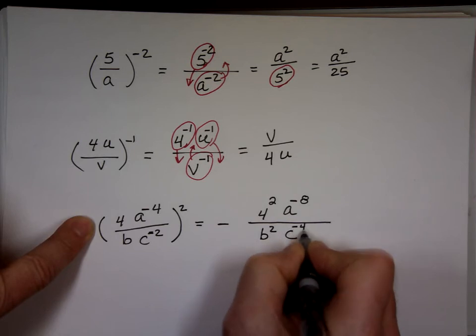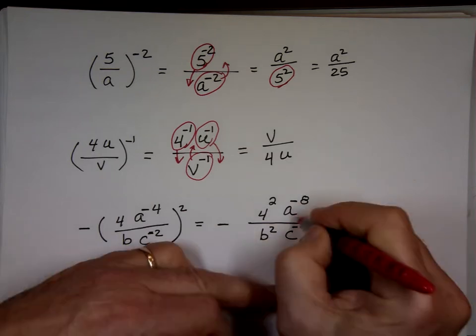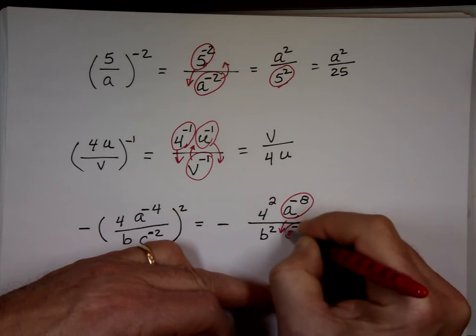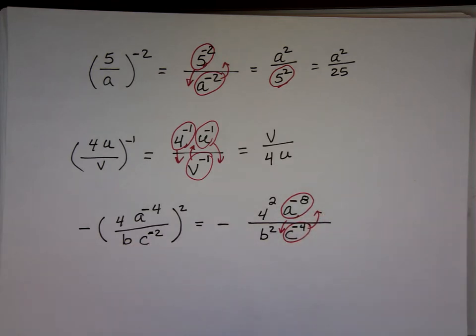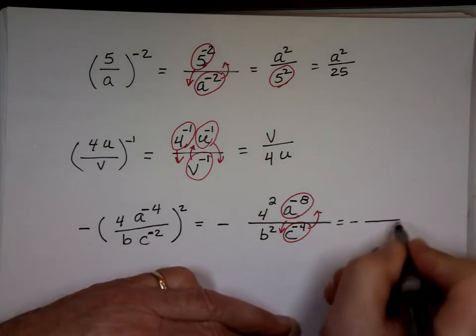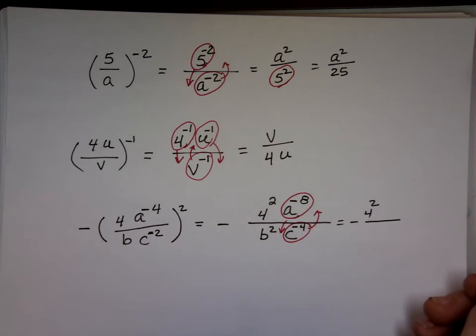And only the ones with negative exponents, move them up and down. This one comes down. This one goes up. Here's the minus in the front. 4 squared, and c to the 4th.